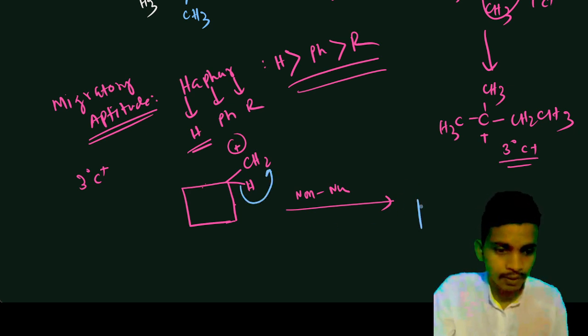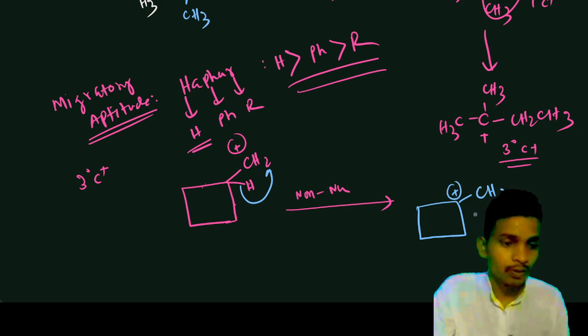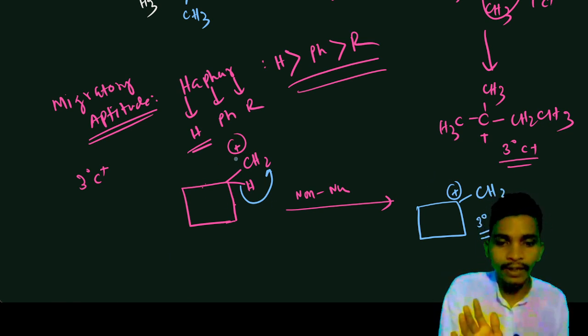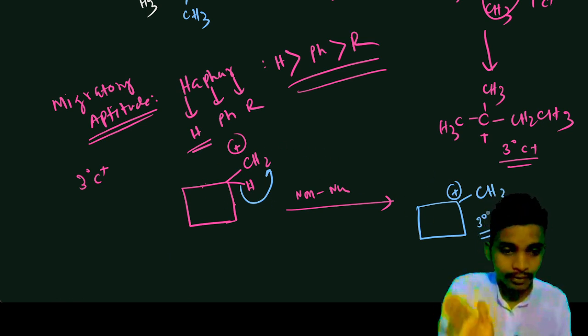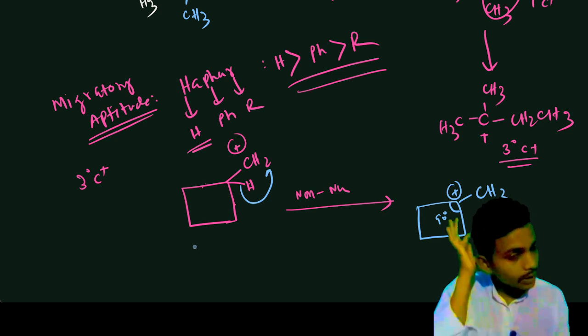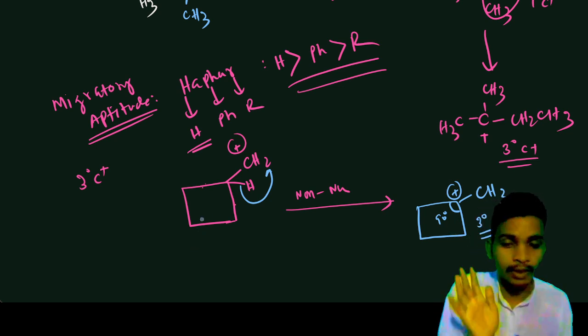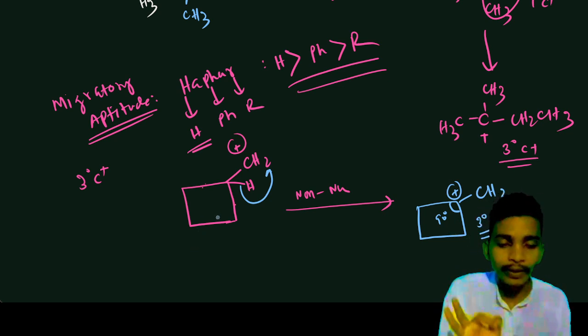It means that what we will get here is this 4 member ring. Okay, and here we will get CH3, and here we will have the positive charge. We see that this is the 3 degree carbocation. But now since this is a 3 degree carbocation, the angle is 90 degree, and we know that for a carbocation the angle needed is 120 degree.